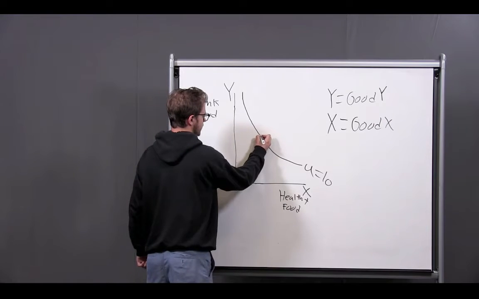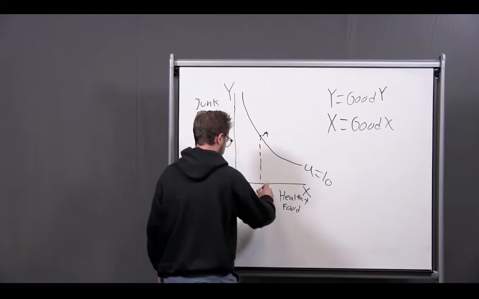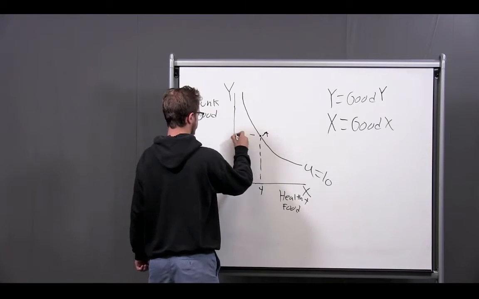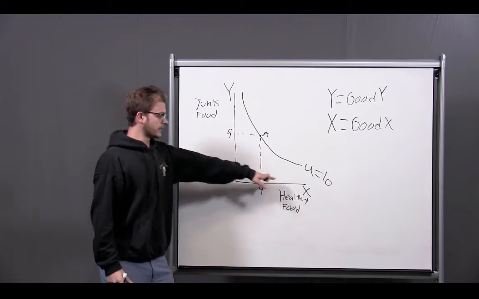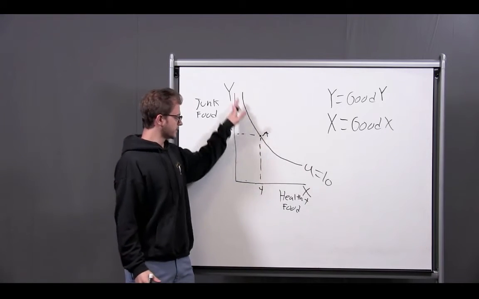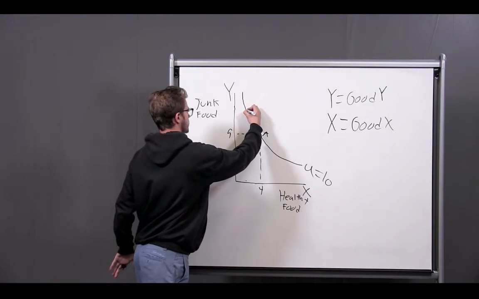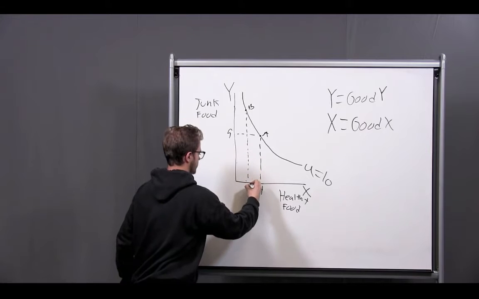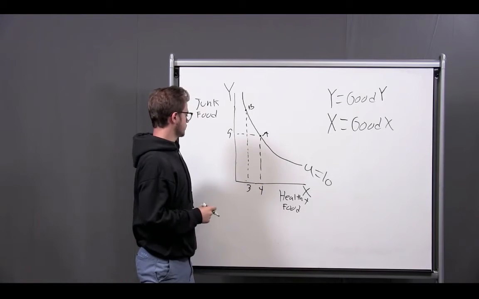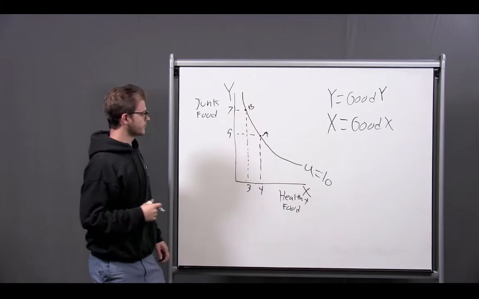So if I just look at bundle A right here, let's say I have 4 items of healthy and 5 items of junk food, I derive 10 utility from this. And this is an indifference curve where I have a utility of 10. So when I go up here to, let's say, B, I have 3 healthy food and like 7 junk food.